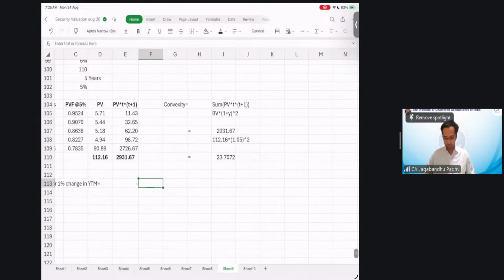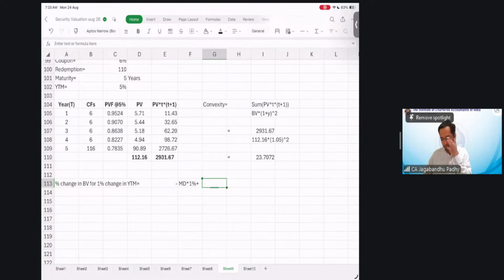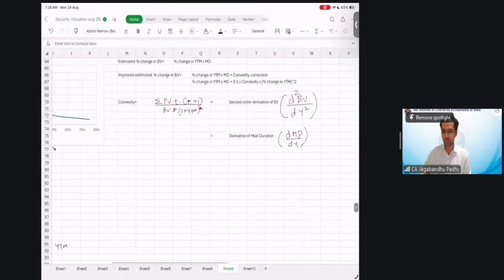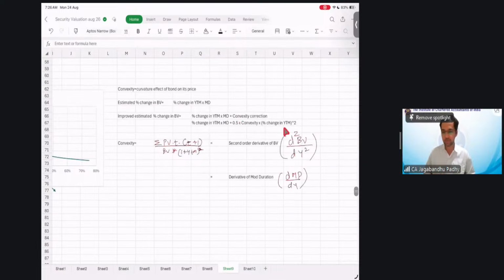Minus modified duration into 1%, which is the percentage change in the YTM, plus 0.5 into 23.7072, half into convexity into 1% square, half into convexity into percentage change in YTM square, because that is what we have discussed over here.